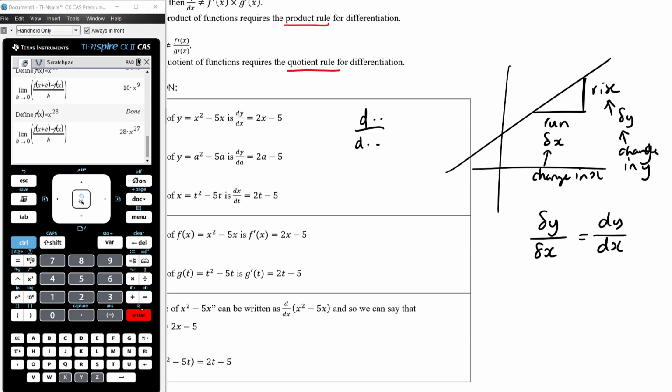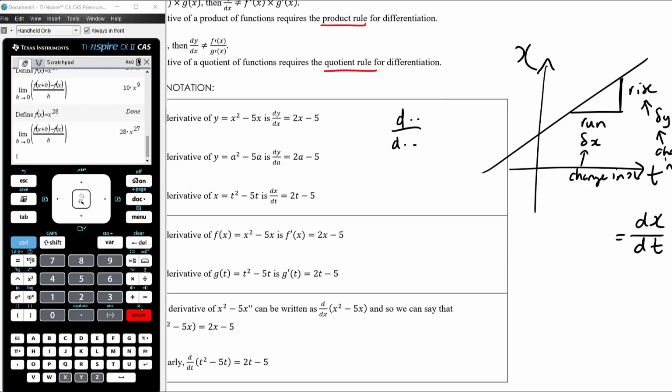Change in y over change in x. Now, if our axes weren't about y and x, if they were about a and r, it wouldn't be a change in y over a change in x, it would be a change in a over a change in r. If our axes were about x and t, it would be a change in x over a change in t.